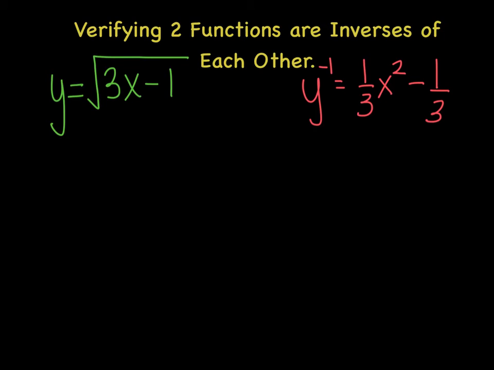If you remember from the slide where we found the inverse of a function algebraically, this example right here was the one all the way on the right, and this was the inverse that we found. In order to verify that the two functions are inverses of each other, we have to take a composite.